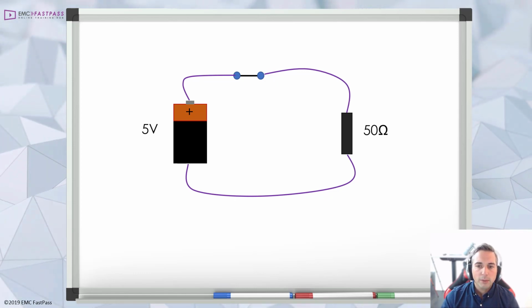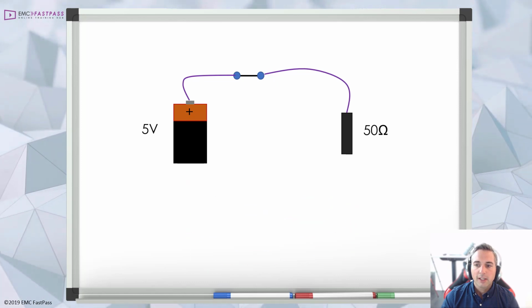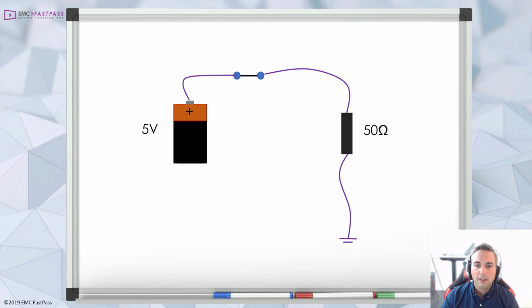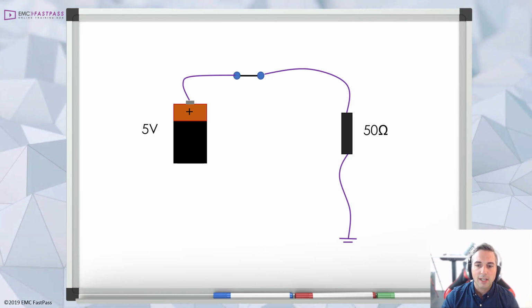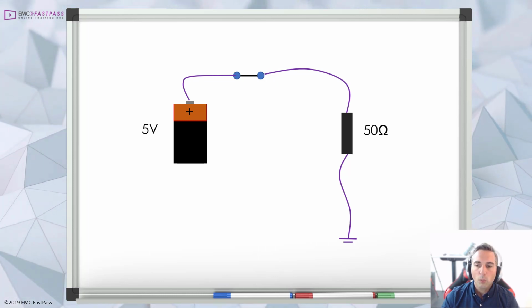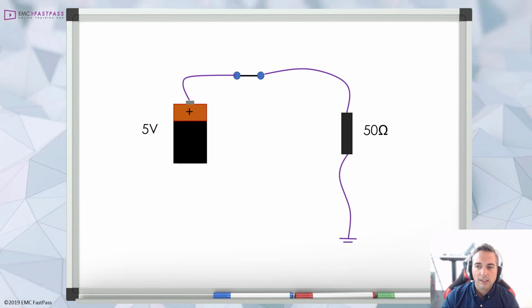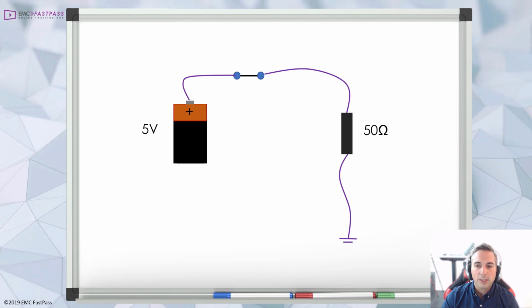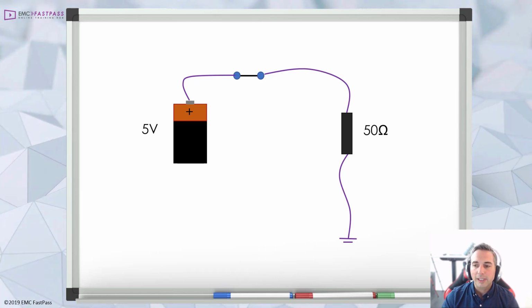Now, if we imagine that we connected the battery to earth instead of the positive end and cut the connection back to the negative end of the battery, what happens to the current in this case? Does it flow to earth? Well, of course, we don't get any current flow at all because there's no complete loop.